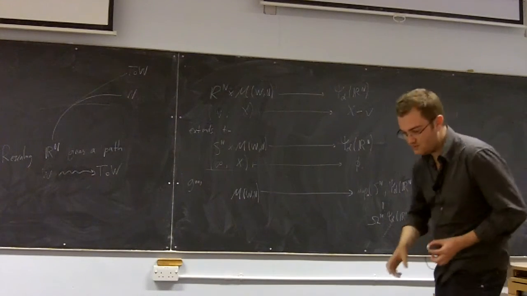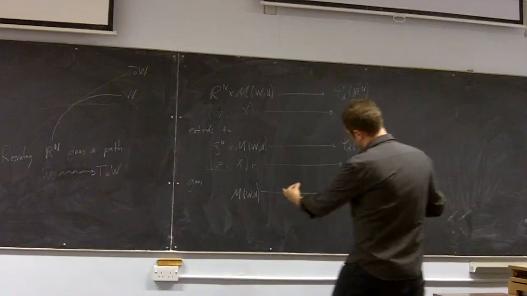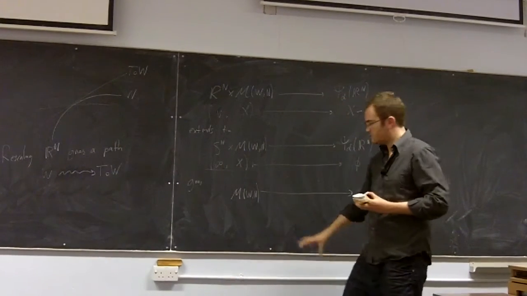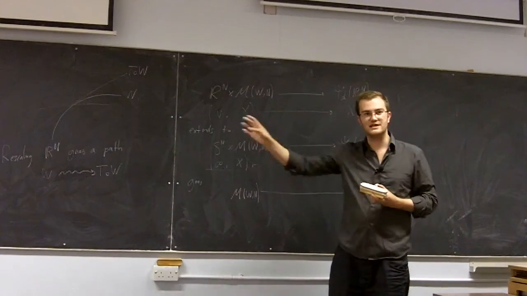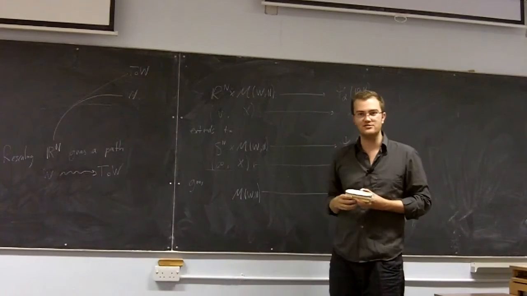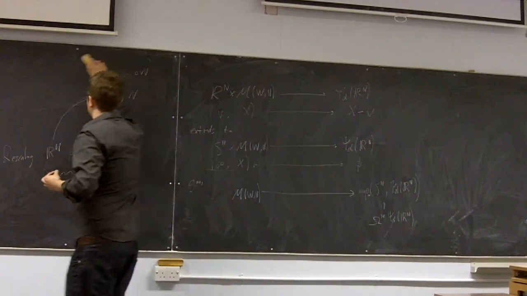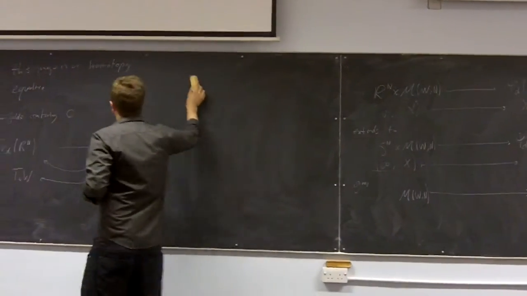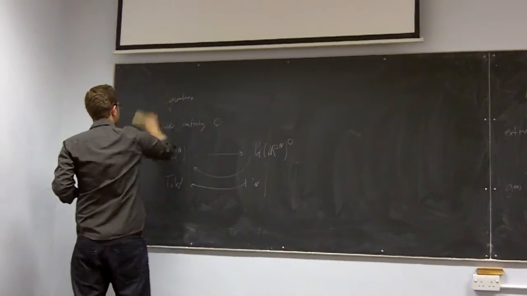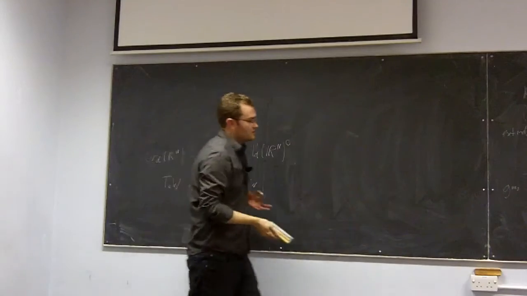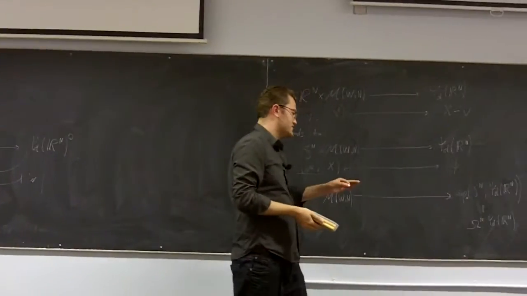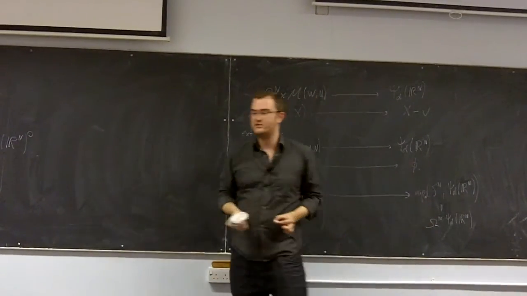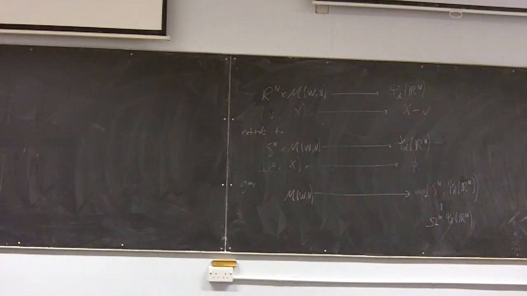Okay, now both sides have this dependence on n, and I said when I was talking about this object that I really want to take the direct limit, letting n be bigger and bigger. Luckily I can do that on the right hand side as well, by the same sort of map. There's an obvious stabilization map on that side that increases n by 1 as well.